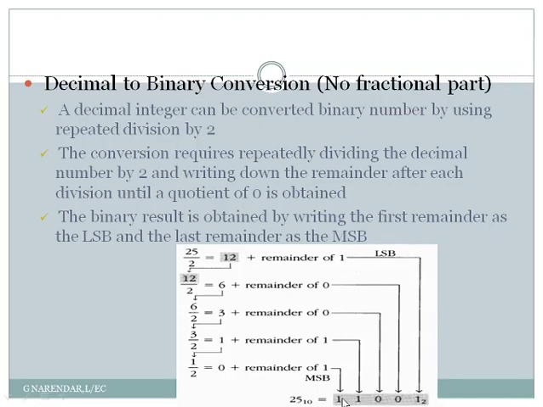When you have collected all the remainders from bottom to top, this becomes the equivalent binary number of the decimal number 25. This is how you can convert any decimal number to binary. Here we have taken an example where the decimal number doesn't have a fraction part.